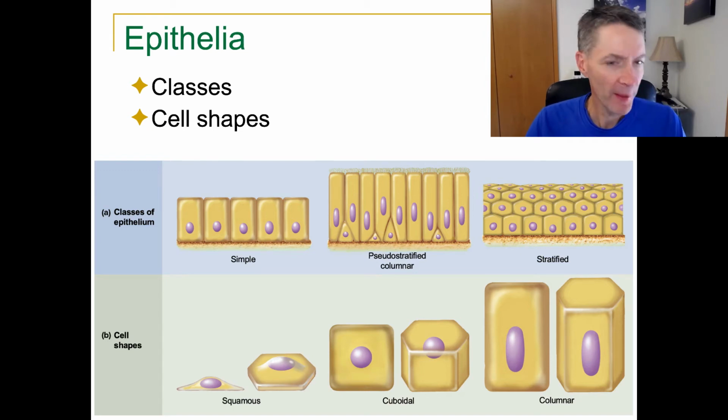Okay, guys, welcome back. We are going to launch right into our first primary tissue type, and that is the epithelial tissues. Sometimes we'll say epithelia for the different types. That would be a plural term.